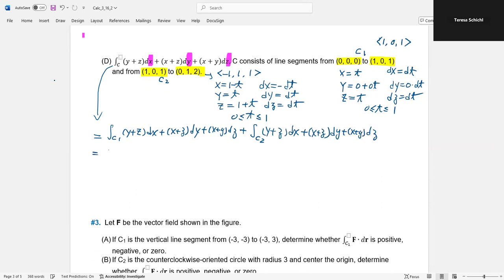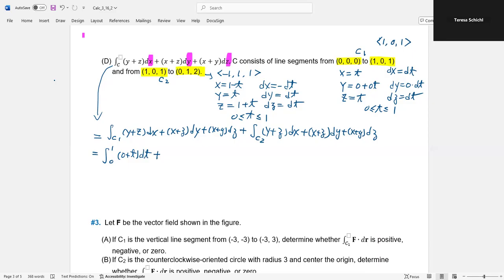Okay, so for C1, we use these ones here, right? 0 to 1. So y plus z: y is 0, z is t. So it's 0 plus t. Then the dx is dt. All right. And then plus x plus z.